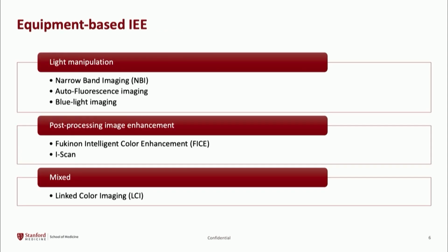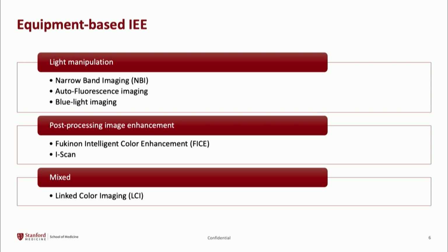Coming to equipment-based, I have divided them into three categories based on the mechanism which is used. When there is a manipulation of light, you have examples like narrowband imaging, autofluorescence, or blue light imaging, where the incident light wavelengths are changed in these mechanisms.